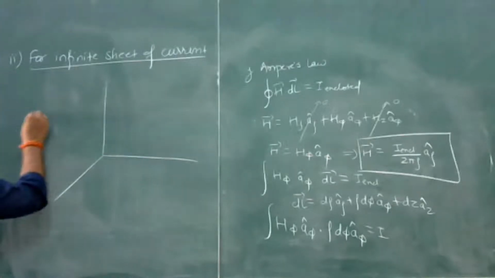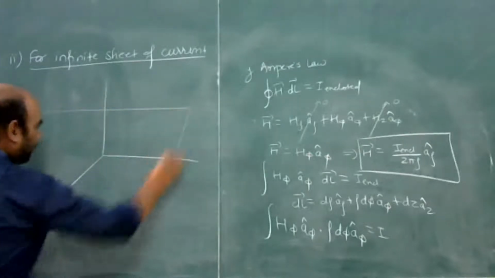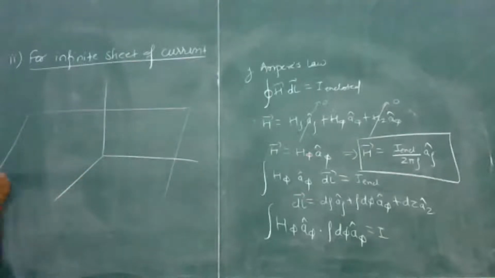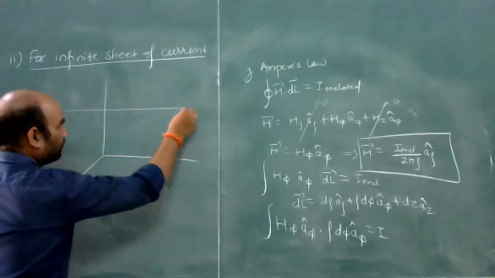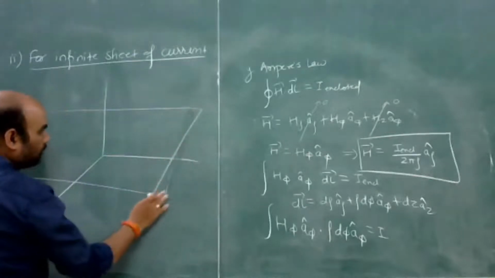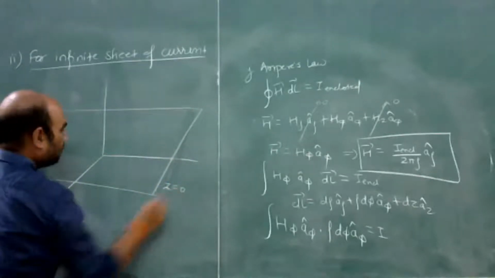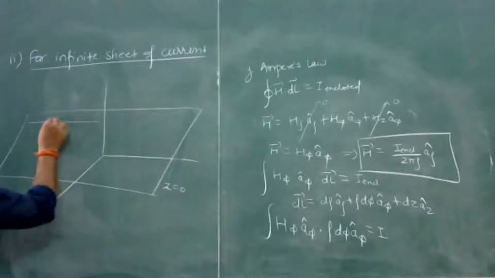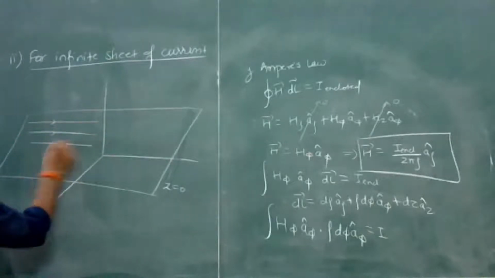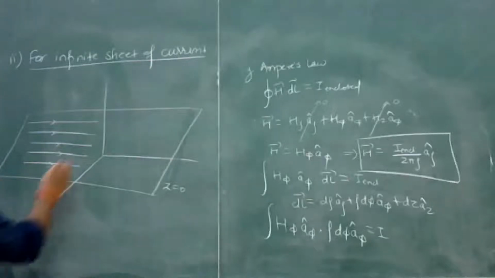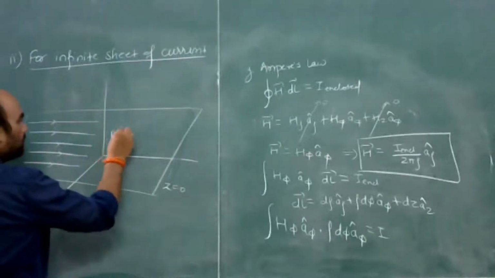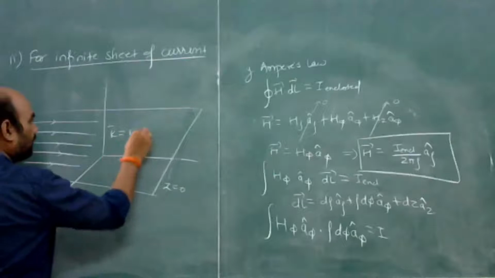Let's suppose there is an infinite sheet of current lying at z equal to 0. This has conductors like this. The value of K is given as K y.